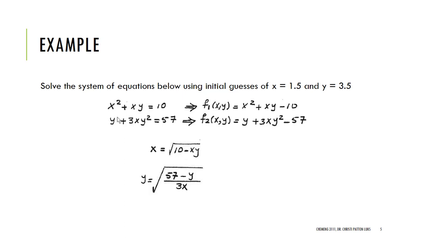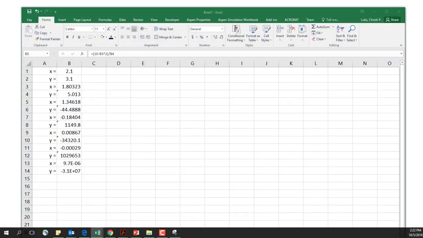So since that didn't work, let's go back to our equations. And if I take this and solve this time for x, and I guess I'll have to do the square root of 10 minus xy, and y is 57 minus y over 3x, the square root of that, then I can return to my Excel and let's see how it does this time.